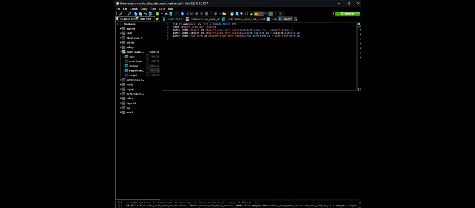Alright, so here where the student's first name is equal to Amanda, and the student's last name is equal to Moses, and exam term is going to be the second term.